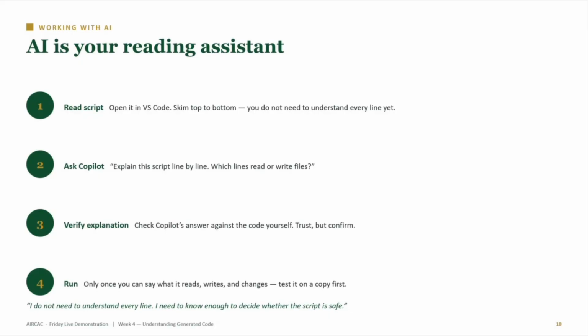We can ask these questions, and the AI is very accurate in this way. Once we know what is written and we understand that there is no danger, we can run the code easily.